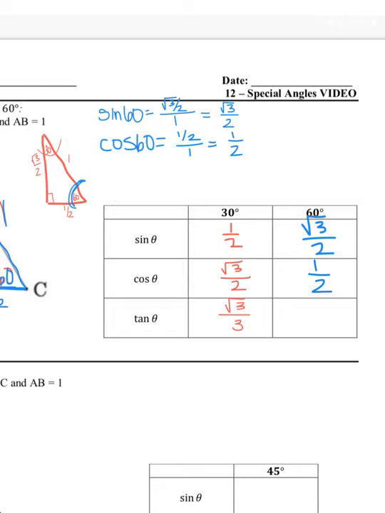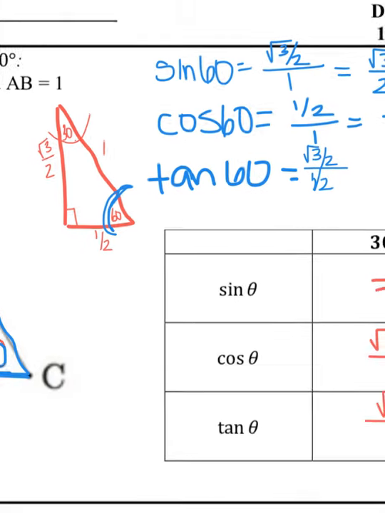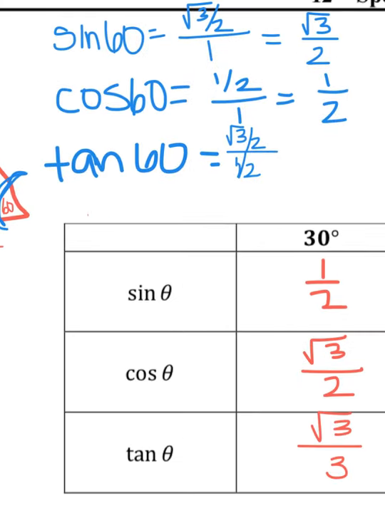And now the tangent of 60. Tangent is opposite, so root 3 over 2, divided by adjacent, 1/2. We have to clean this up again though. It's not as bad as the last one, I promise. So again, whenever you're dividing fractions, you do keep, change, flip. So keep the root 3 over 2, change the division to multiplication, and flip the bottom fraction.